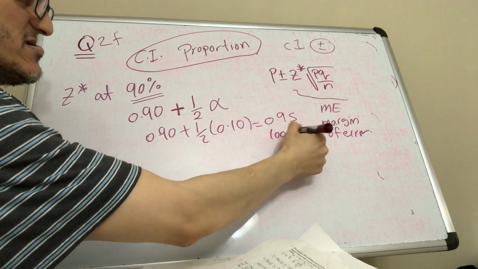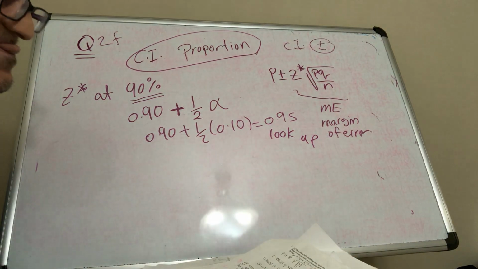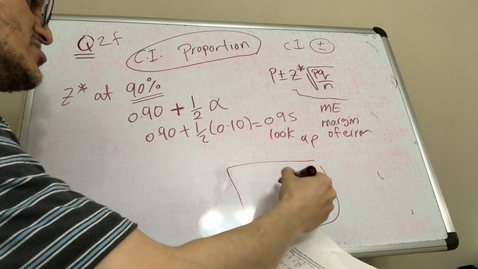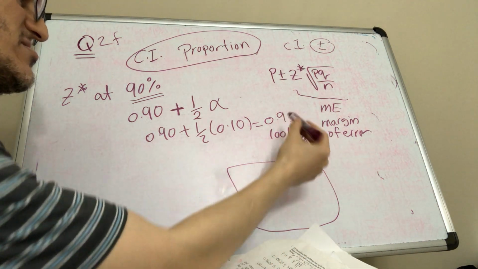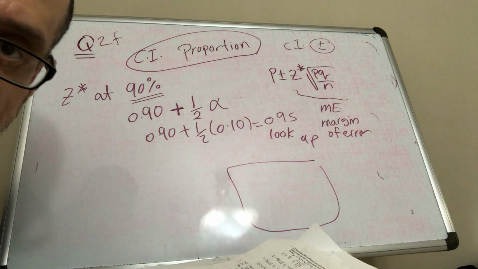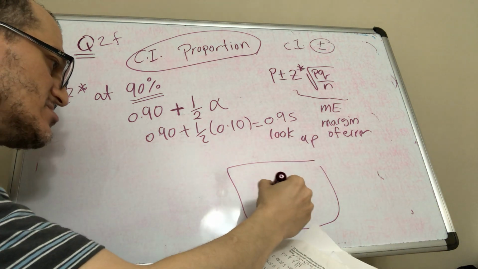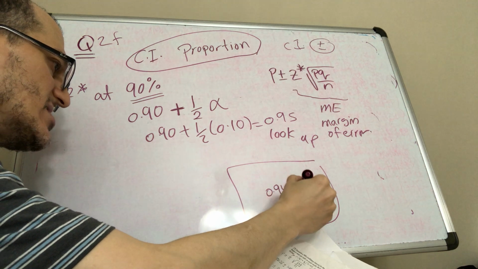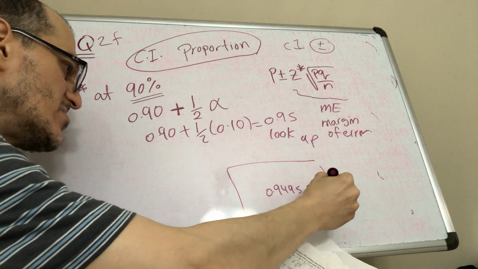And this percentage you need to look up. So you go inside the Z table to look for the closest to 95. You'll see that in the middle of the table there is .9495, and there is also .9505.